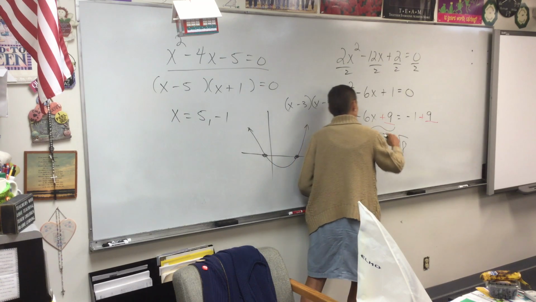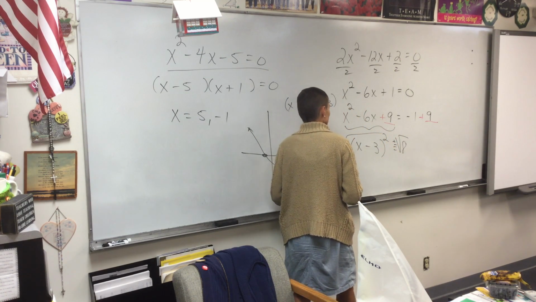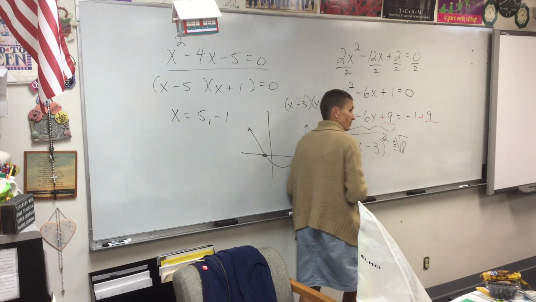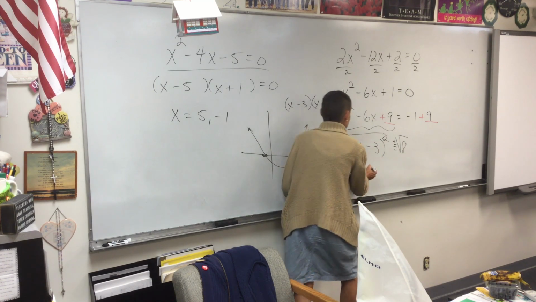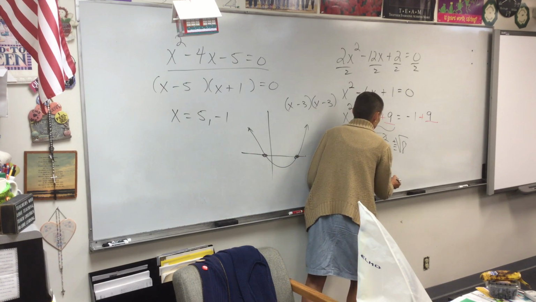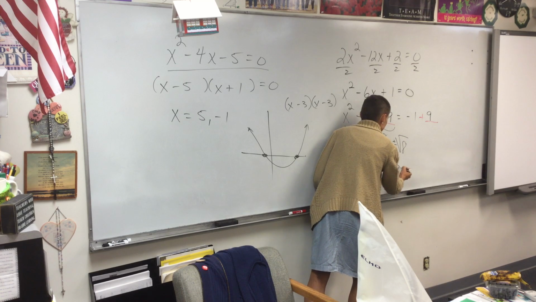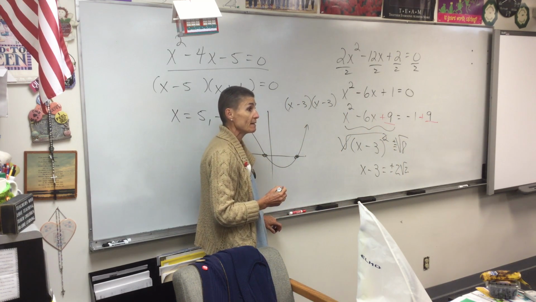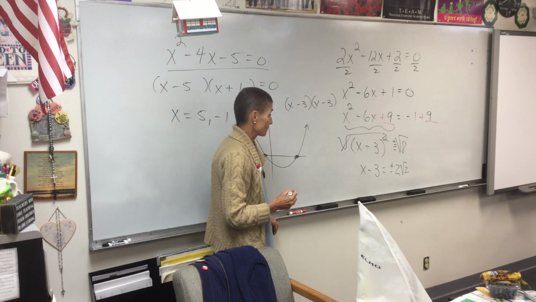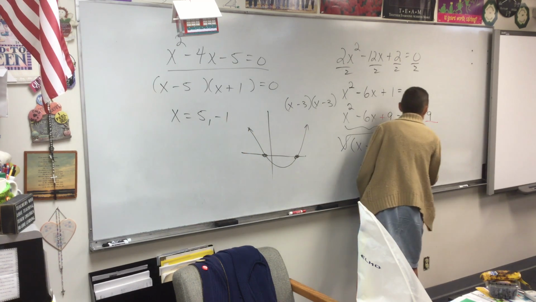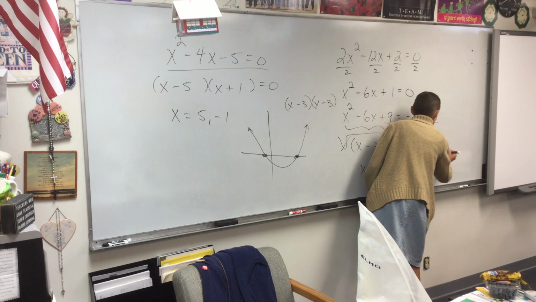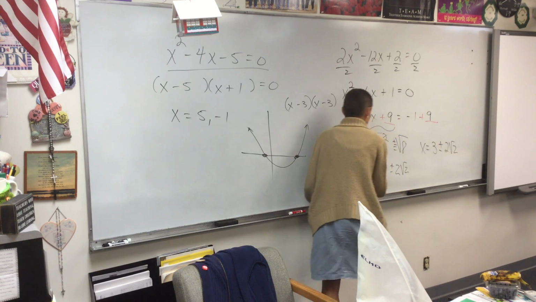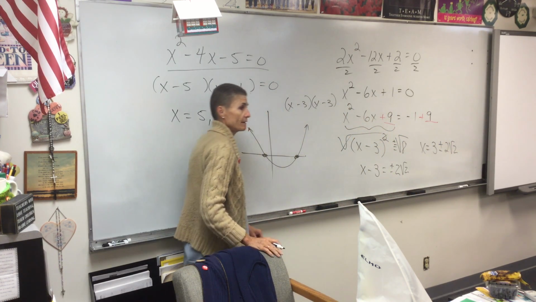What happens when we square root a square? Just becomes x. They cancel, right? They're opposites, inverses of each other. So we have x minus 3 equals plus or minus, I'll go ahead and say 2 root 2, is that okay? Square root of 8. So x equals 3 plus or minus 2 root 2 if I add my 3 to the other side.